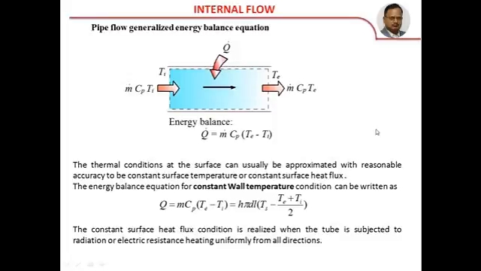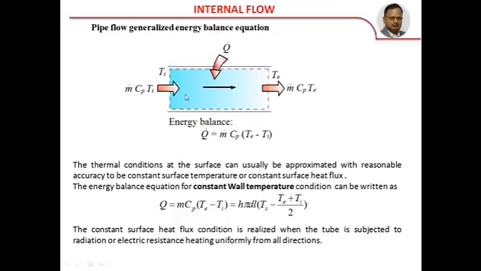Another important aspect in pipe flow is that sometimes by using the energy balance equation, you can determine the convective heat transfer coefficient. Take a pipe into which the mass flow rate of fluid entering is m dot, with an inlet temperature Ti and exit temperature Te.